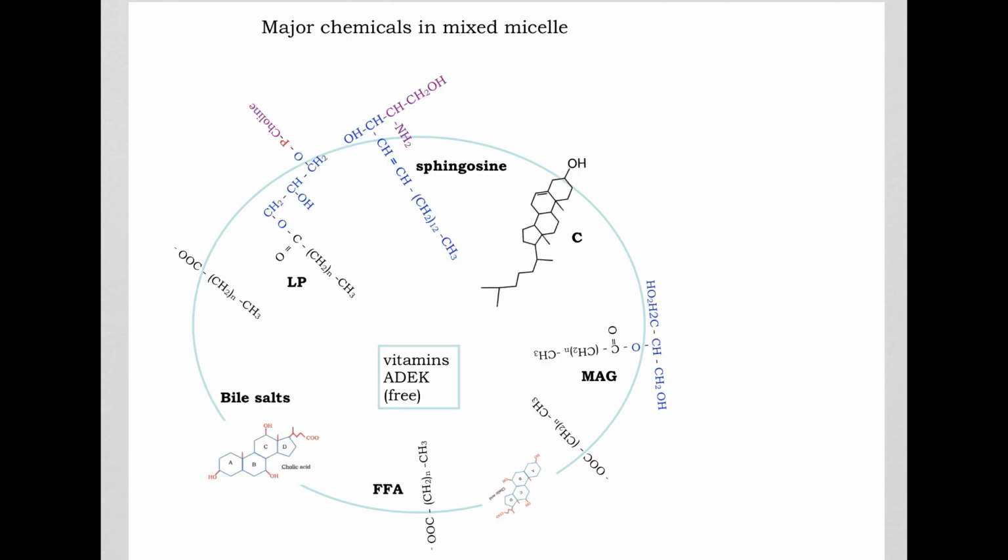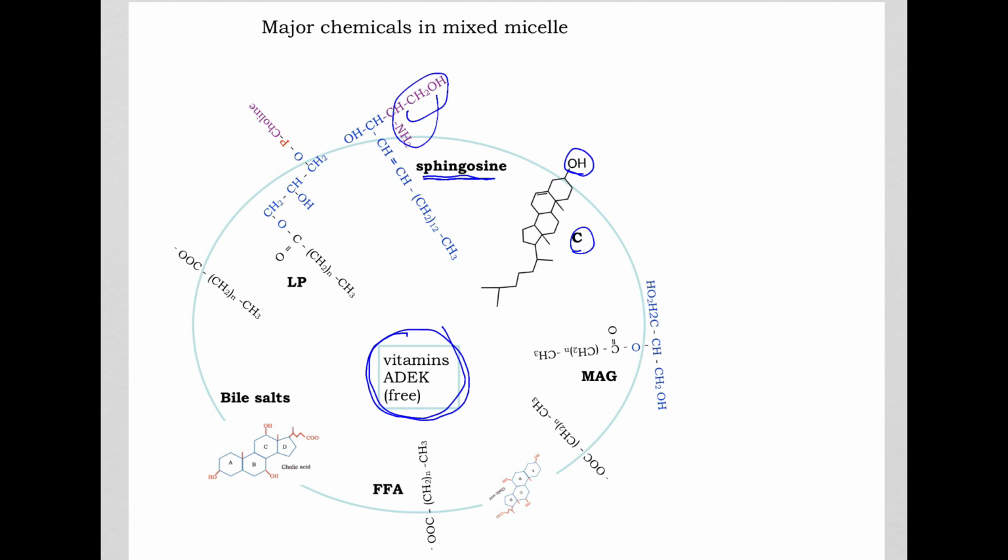So at this stage, we now have these very small mixed micelles, and these mixed micelles will have the fat-soluble vitamins A, D, E, K within them, and on the surface will be all the lipids that have polar groups on it. For example, sphingosine, you can see the part that likes water, cholesterol, free cholesterol that has the small hydroxyl group.